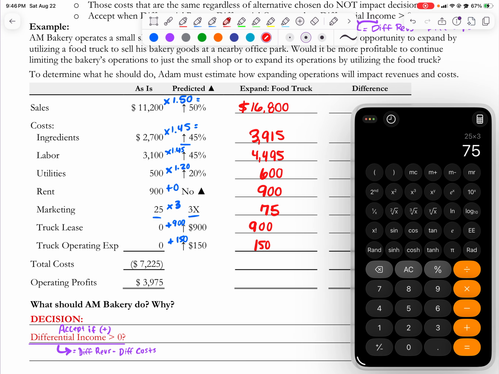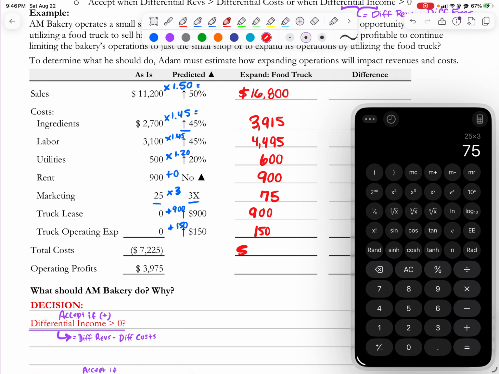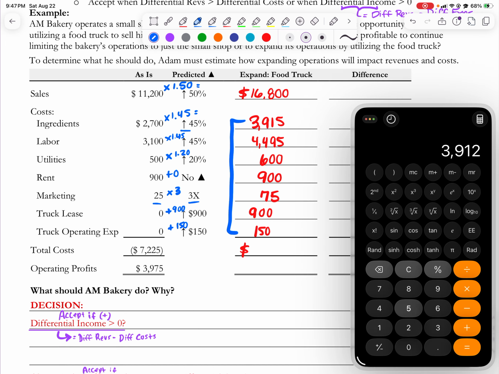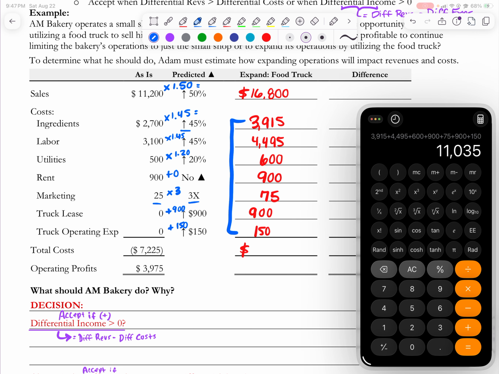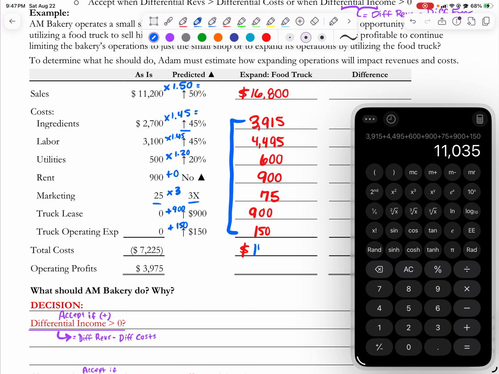So in total, my costs, which basically are here to here, 3,915 plus 44.95 plus 600 plus 900 plus 75 plus 900 plus 150, is 11,035.